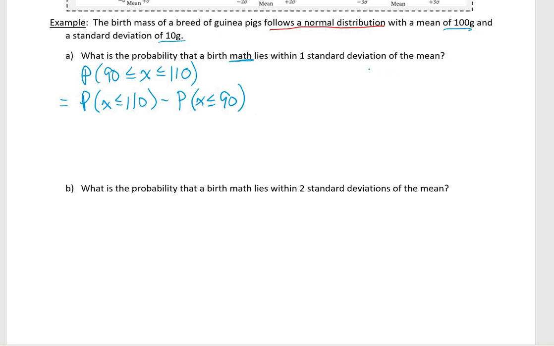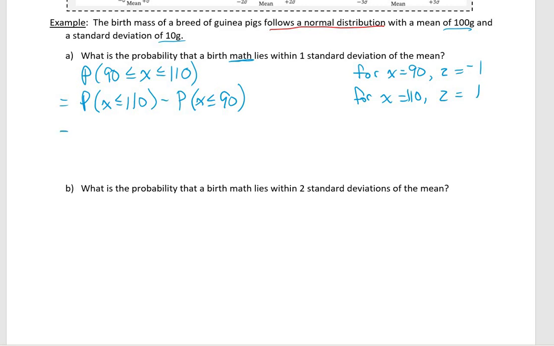So we'll do our calculations. We would normally take our x and calculate our z value, but in this case we know we're 1 standard deviation away and we're below, so the z value for that is simply -1, and for x equal to 110, that's 1 standard deviation above, so z would be equal to 1.